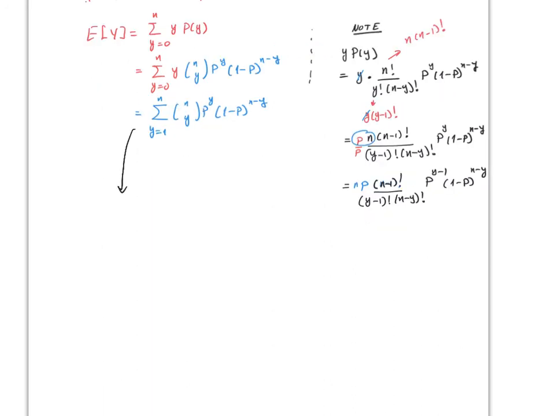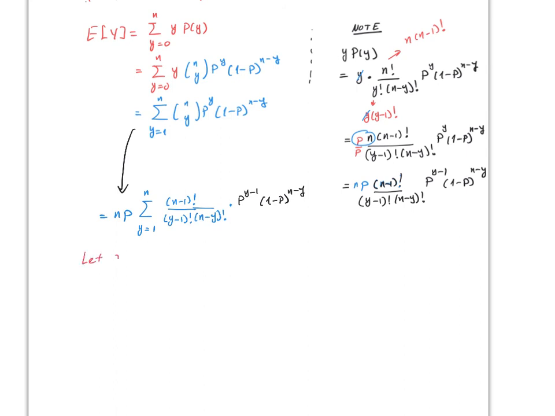Right, so this is what we have so far. Then from here, this will equal np, you can take outside, the sum from y equals 1 to n of n minus 1 factorial over y minus 1 factorial, n minus y factorial, times p to the y minus 1 and 1 minus p to the n minus y.